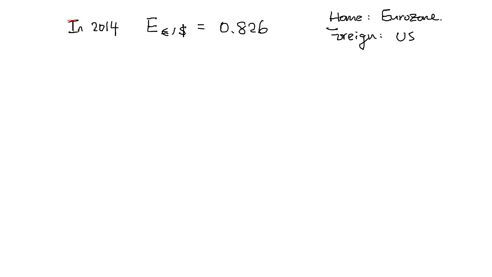And you try to buy some of the foreign currency. And this is the quote that you get. In order to buy 1 unit of the foreign currency, you have to pay 0.826 unit of the domestic currency, which is the euro, right?